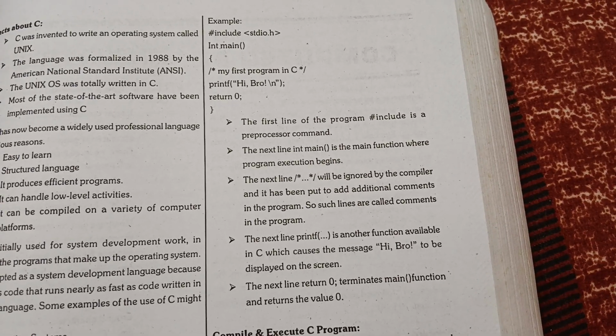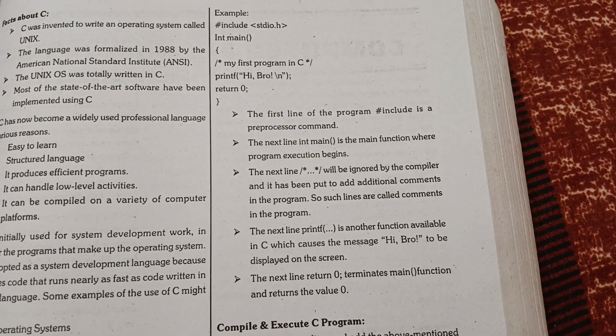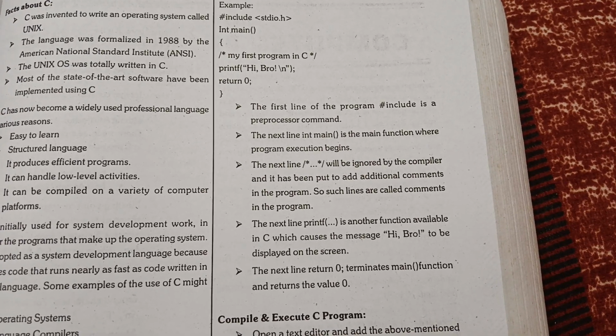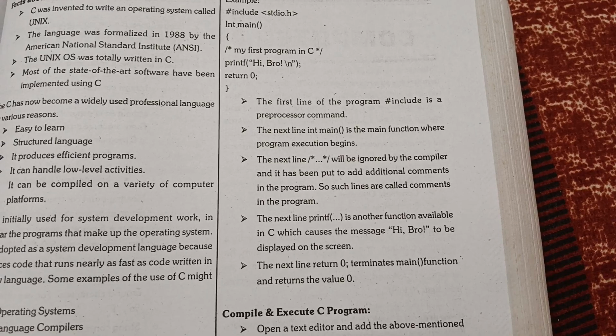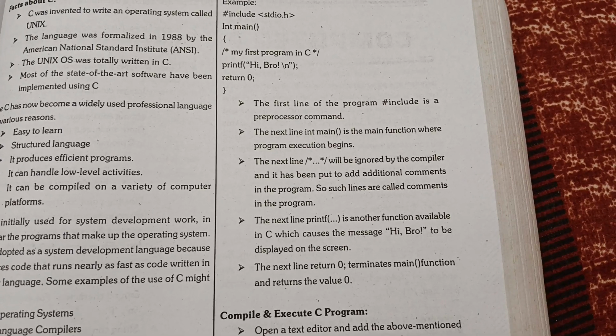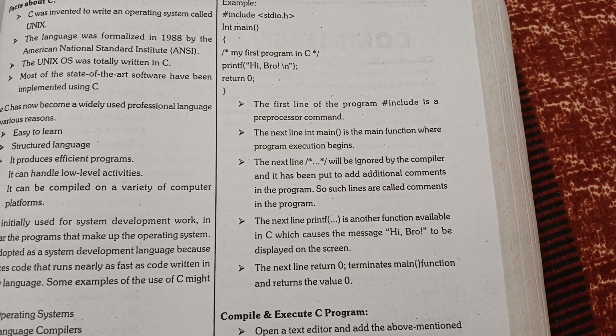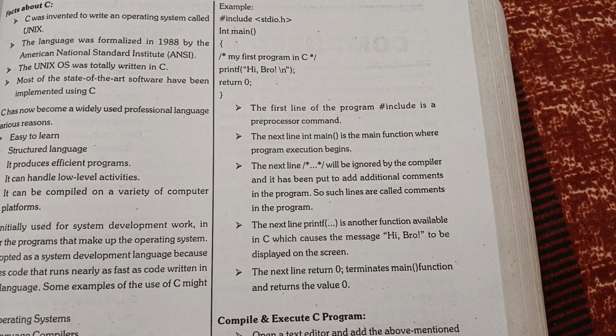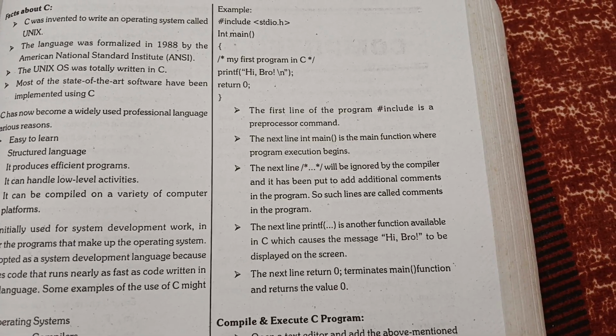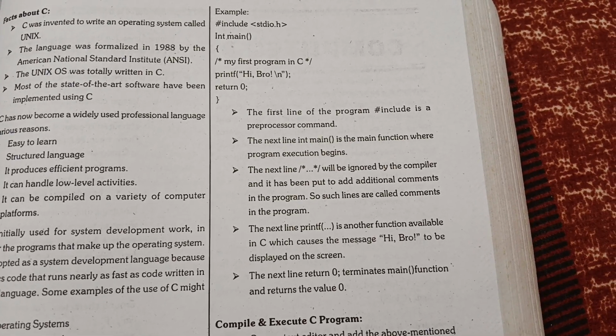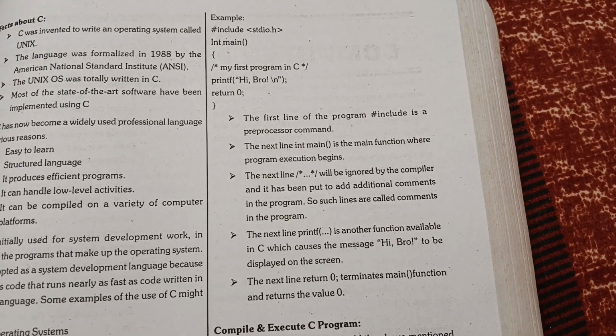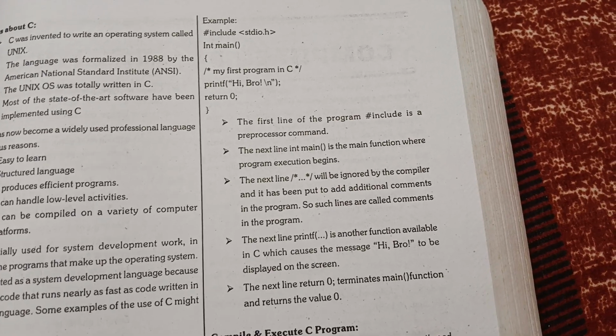So such lines are called comments in the program. The next printf is another function available in C which causes the message hi bro to be displayed on the screen. The next line return 0 terminates the main function and returns the value 0.